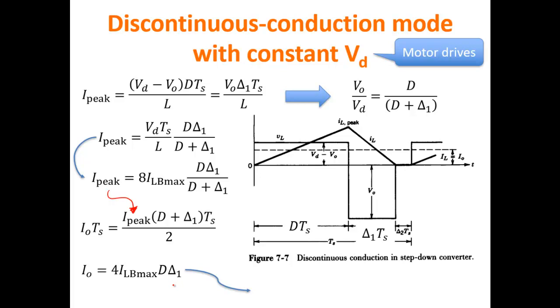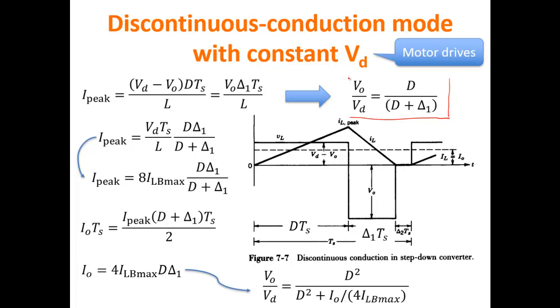Can you actually follow all the pieces? And now I can simply write this expression. I take this part. You see I have here d times delta 1 that I can write as a function of the output current.